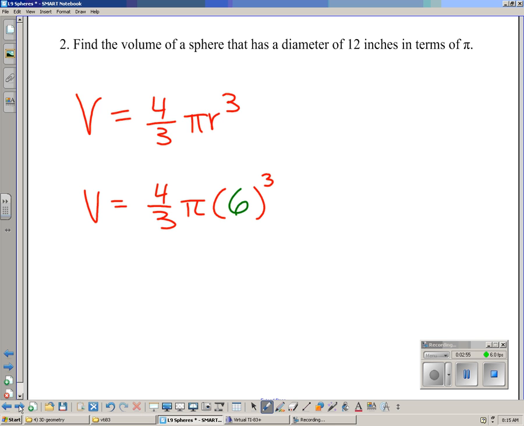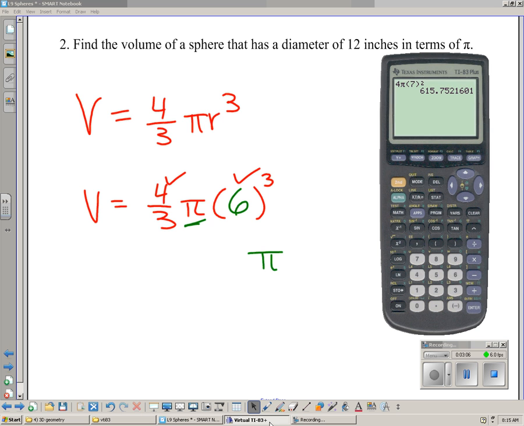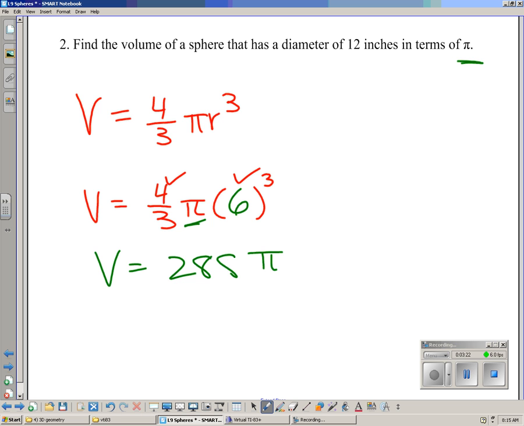They asked us to leave this in terms of pi, so I'm going to multiply everything but the pi together in my calculator. So we have 4/3 times 6 cubed, and that equals 288. So the volume would be 288 pi. And since volume is in cubic units, the answer would have inches cubed as the unit.